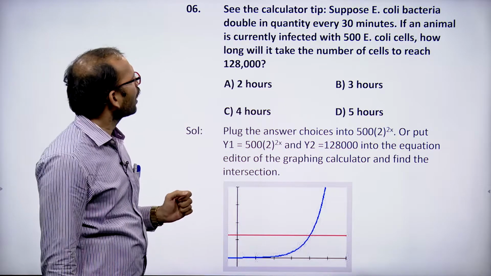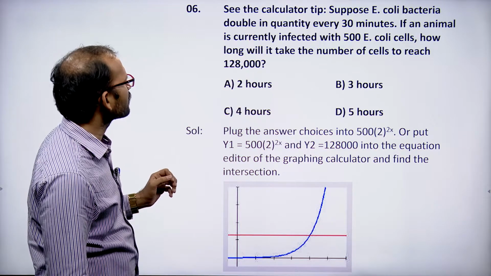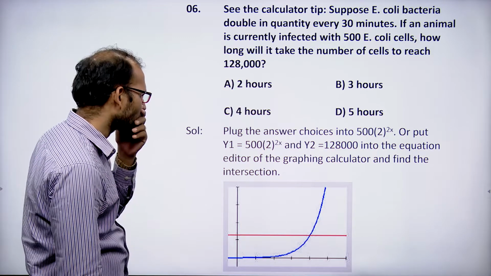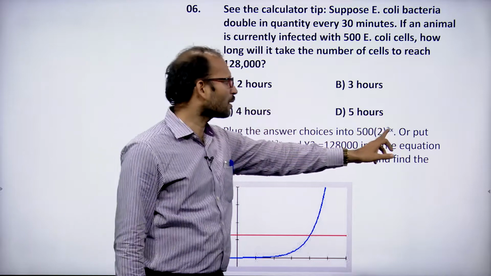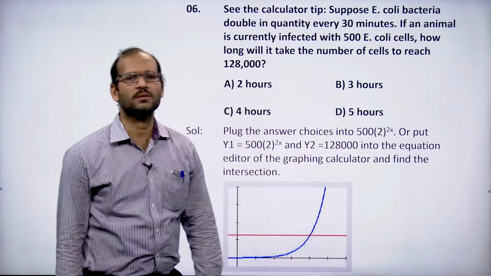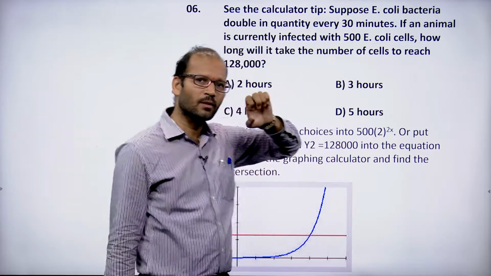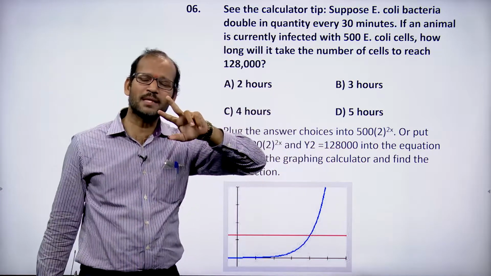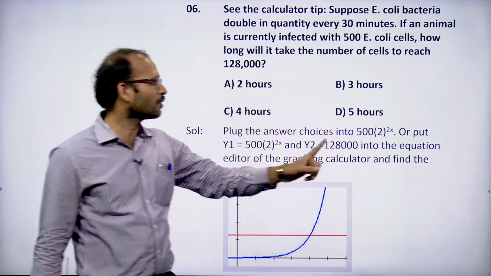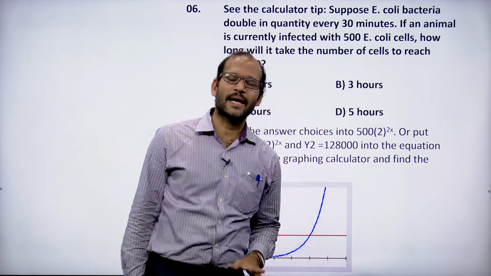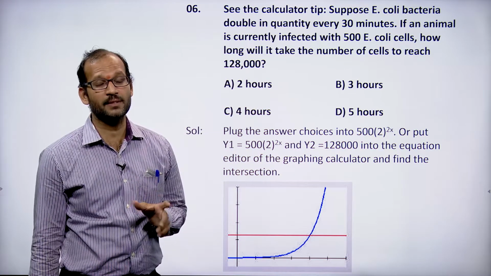So how long will it take the number of cells to reach the target? We do not know the number of hours, x will be the number of hours, and every 30 minutes, right. So 1 hour, how many 30 minutes are there? 2 30 minutes are there, therefore 2 times x is the number of hours.